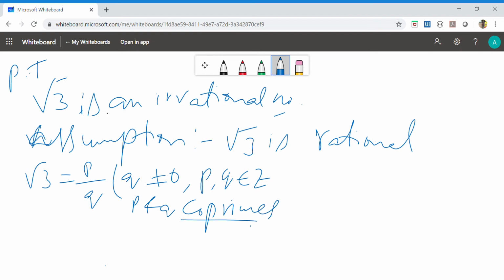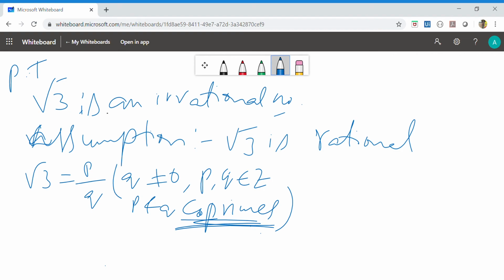In previous sums, we derived a contradiction where the rational and irrational numbers were both equal, so we concluded that our statement is wrong and whatever is given is correct. Here I am underlining co-primes because you have to know the definition.